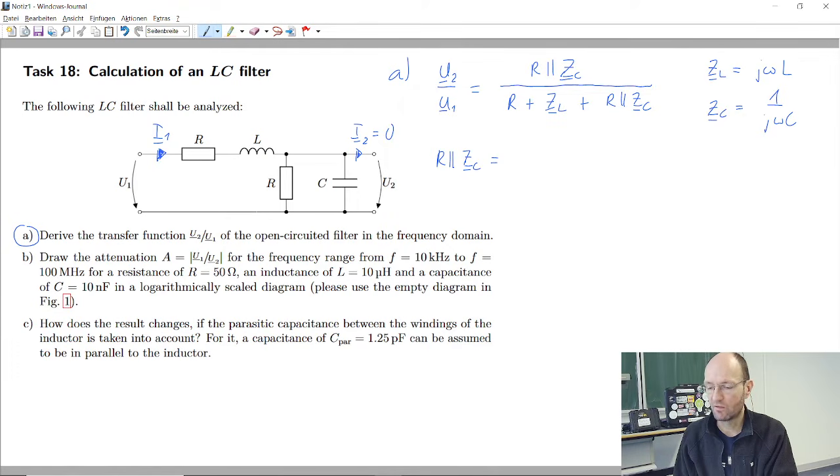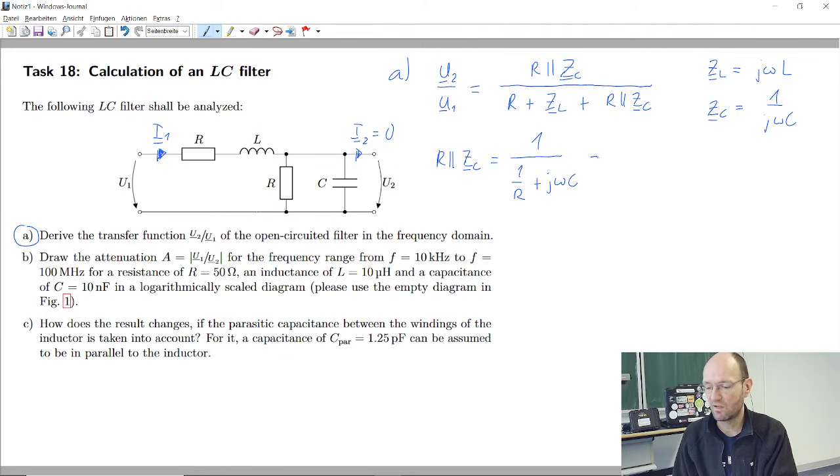Yeah, we could do something like 1 over 1 over R plus j omega C, which is probably not the worst choice in this case. I mean, still, it's not that nice because it's kind of a double fraction.